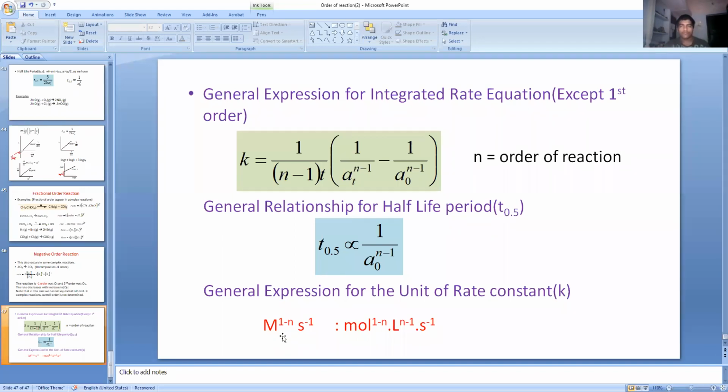If it is zero order, then same as rate. And if you convert it to mole and liter, then it will be mole to the power 1 minus n, liter to the power n minus 1, second inverse. You can write down that. Hopefully you are all writing. So with this, we go to our today's program. You have written, raise your hands.